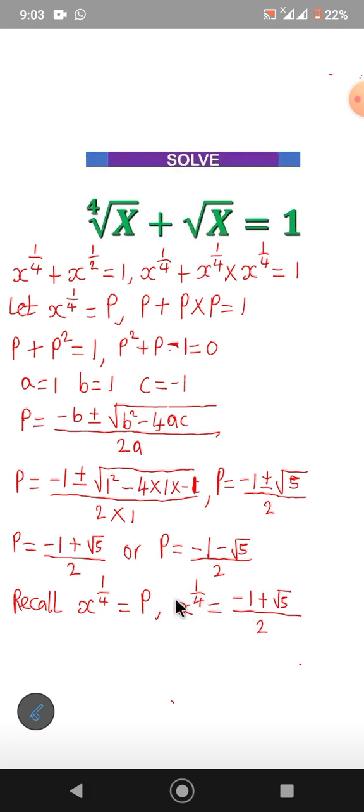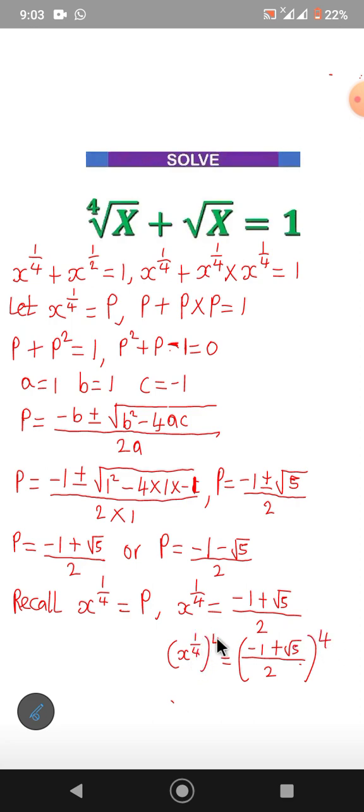So now, to get x, I'm going to raise both sides to the power of 4. So here would therefore become x raised to the power of 1/4, raised to the power of 4, then open a bracket again, minus 1 plus root 5 over 2, raised to the power of 4 also.